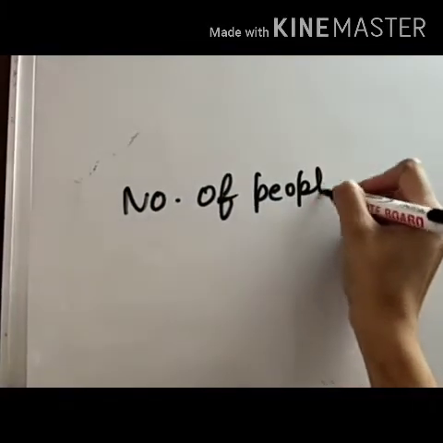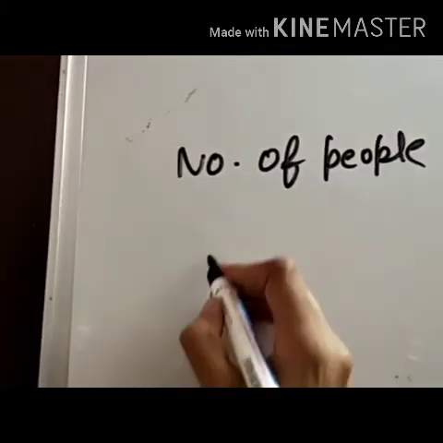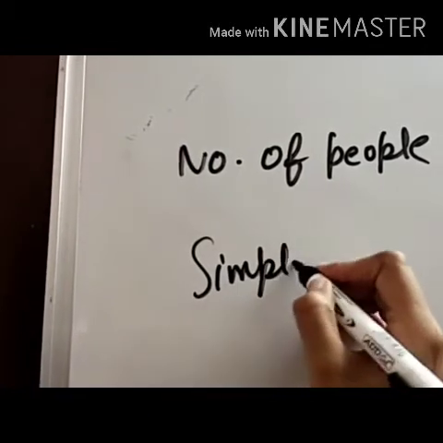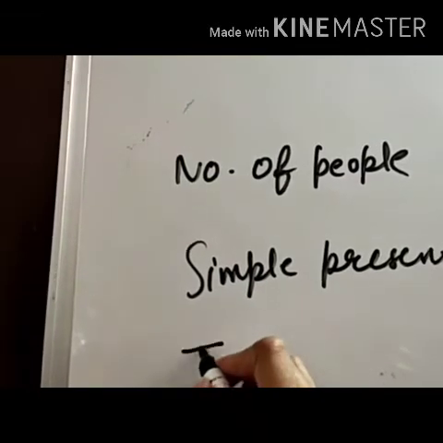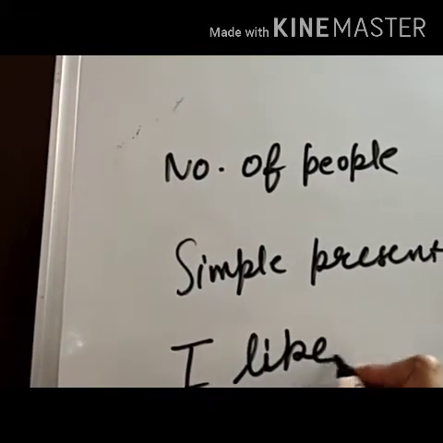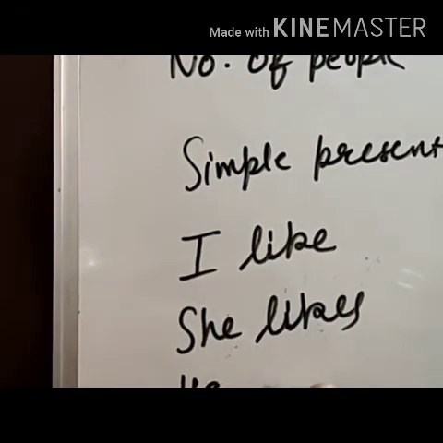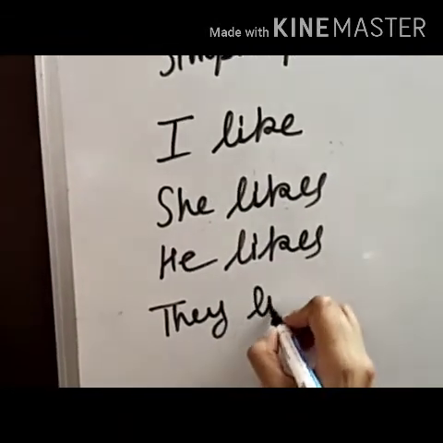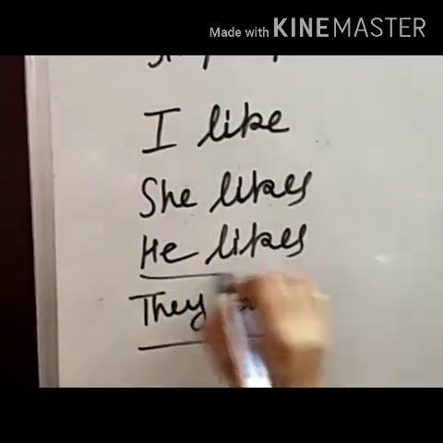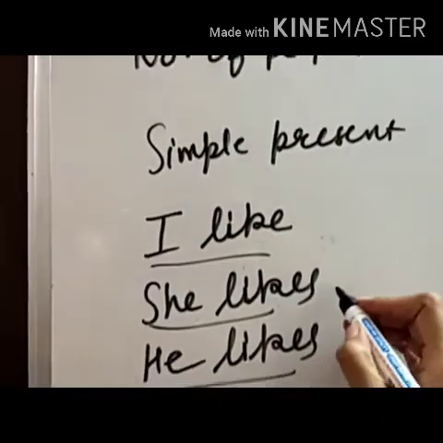I hope you remember, like in simple present, you are using I like, she likes, he likes, they like. So when you are talking about a singular person, then you have to use the verb according to that.